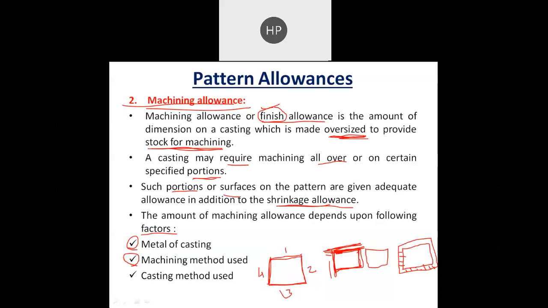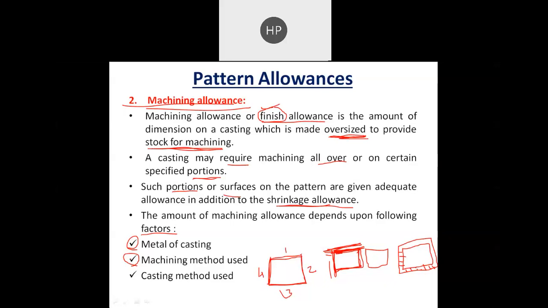Okay, which type of machining method we are using to finish the cast, because we have various methods like grinding, lapping, honing, polishing. Which method we use to finish the object, based on that we have to take the machining allowance. Simply, in the polishing operation there is very little removal of metal, even you cannot see it by naked eye.